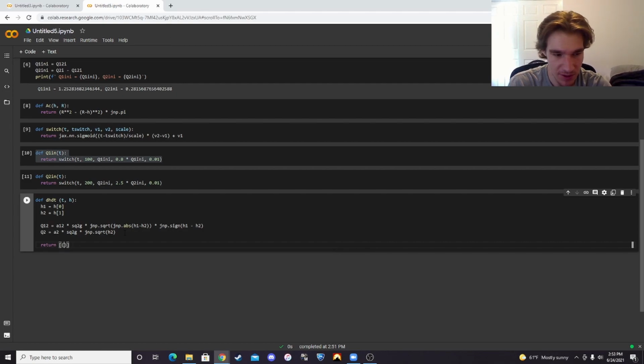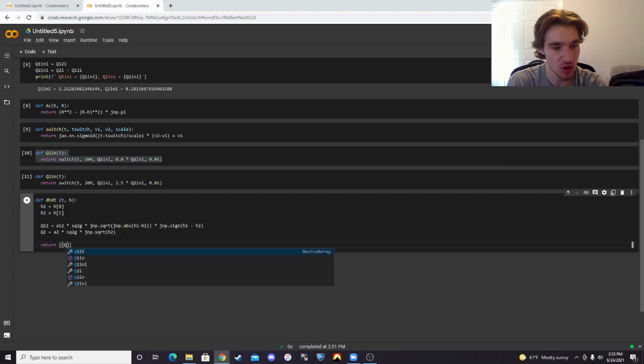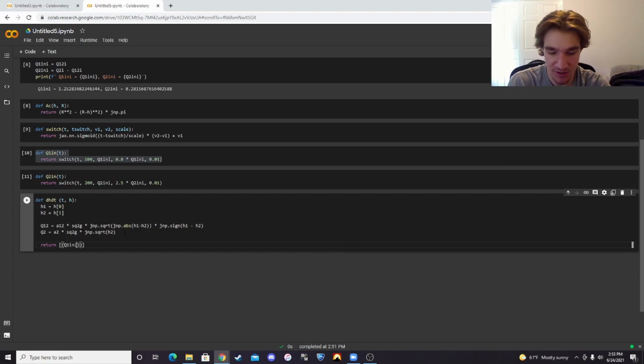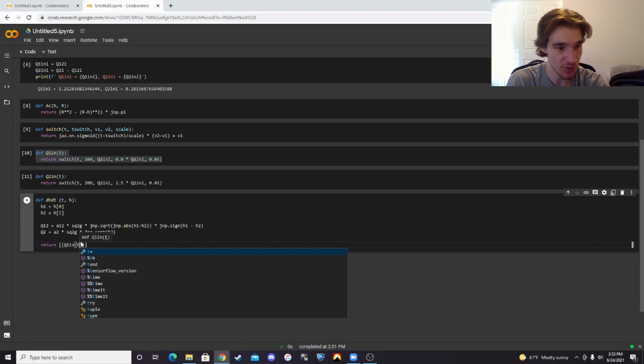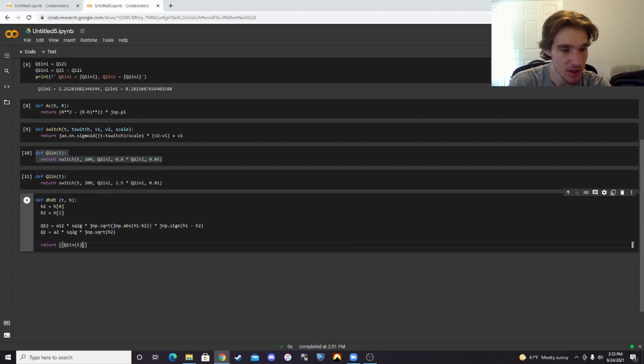The first one, I like putting this in parentheses, is q1 in of t, that switch function that we created, minus the out, so in minus out, which is going to be q12. And this is going to be divided by the cross-sectional area like we solved for before. So we use our function for cross-sectional area, and we want to use height 1, because this is tank 1, and then r1, our value of radius 1.